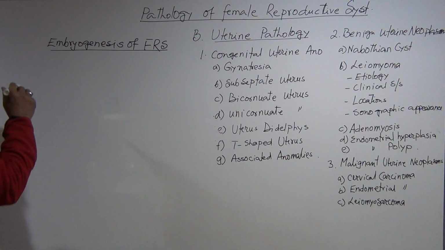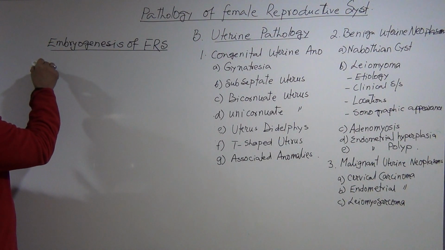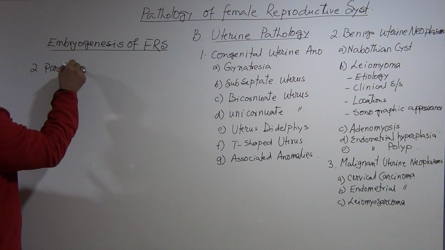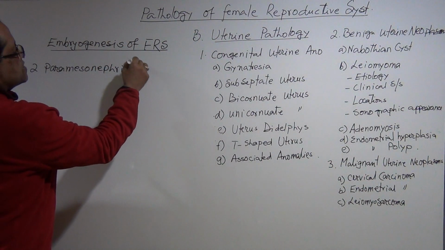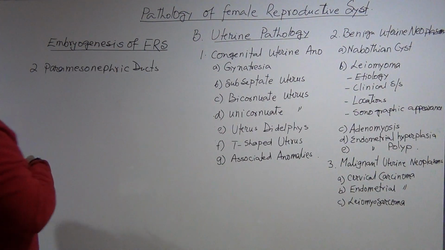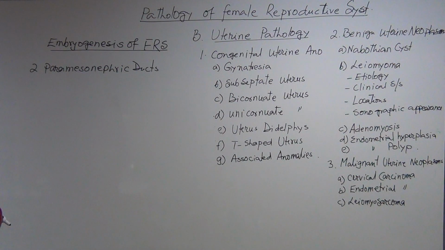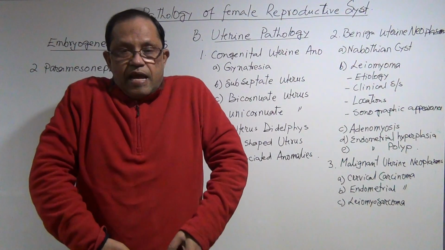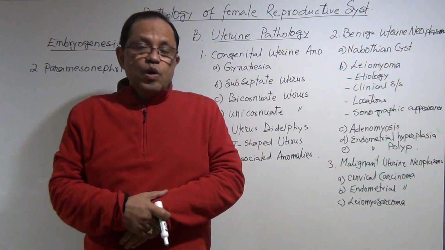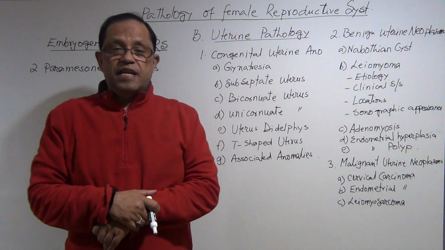They are developed from the two paramesonephric ducts, or you can say tubules, paramesonephric tubules, so one pair. And they appear parallel, vertically in the pelvic area, where the mesonephric tubules are also there.